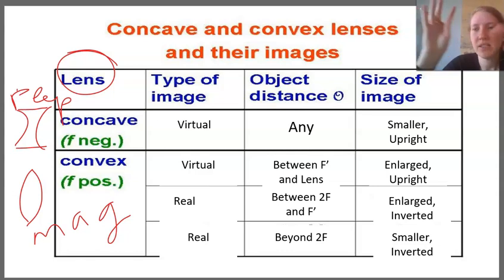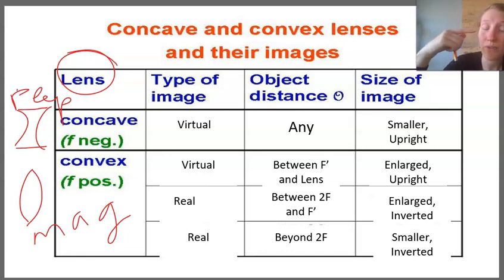They're good for taking a lot of light in and narrowing it down, making it smaller. So a peephole in a hotel door would be an example of a concave lens, and a magnifying glass is a convex one.